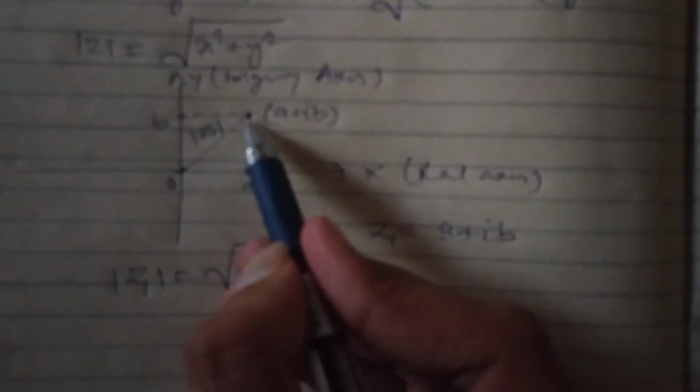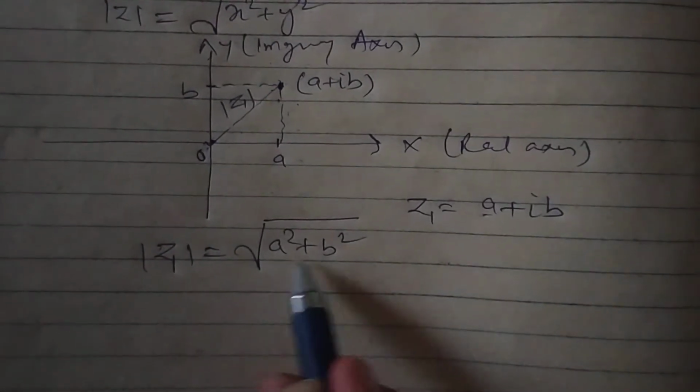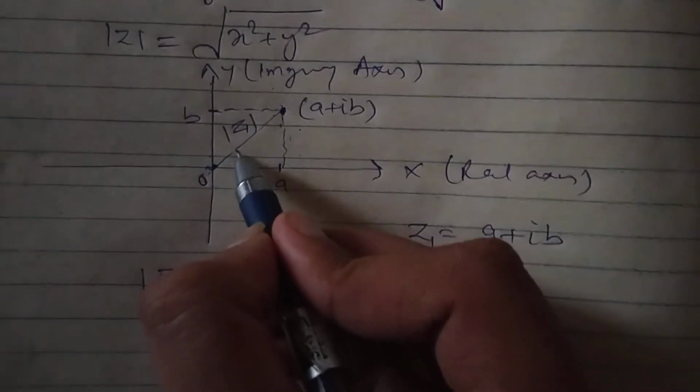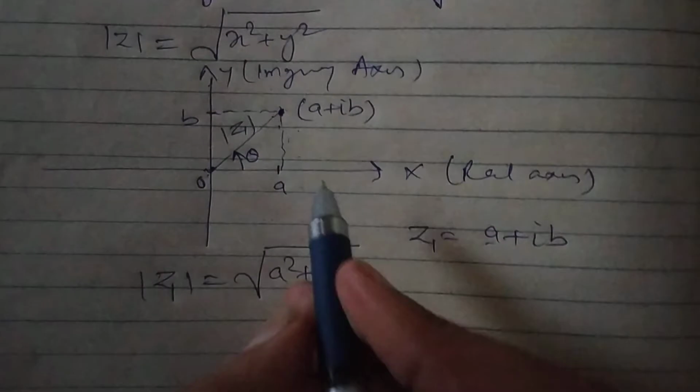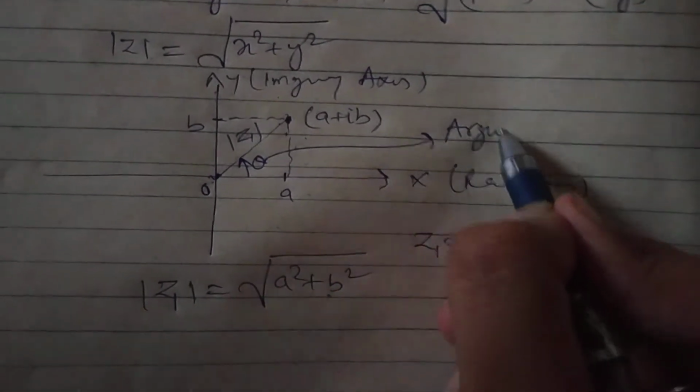Here we are calculating the distance between this point and the origin. That is why the formula remains the same. Now this angle made with the positive x-axis is called the argument of the complex number.